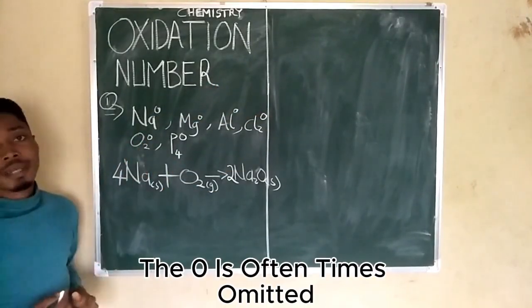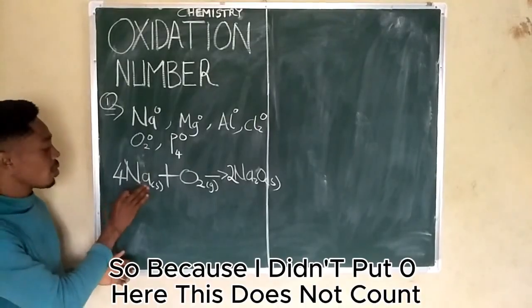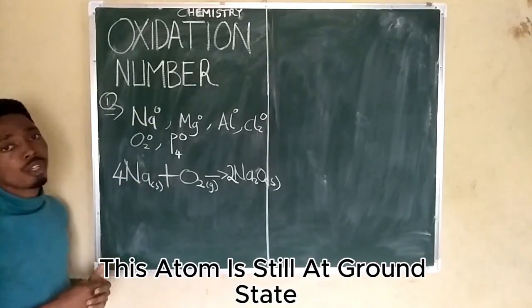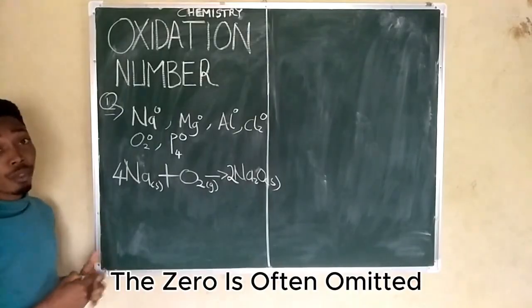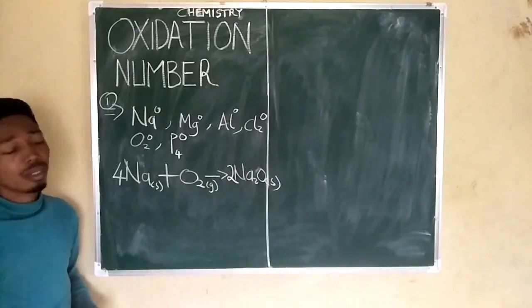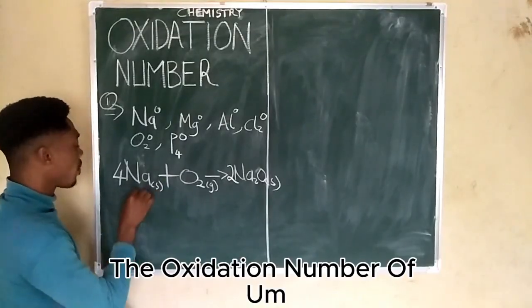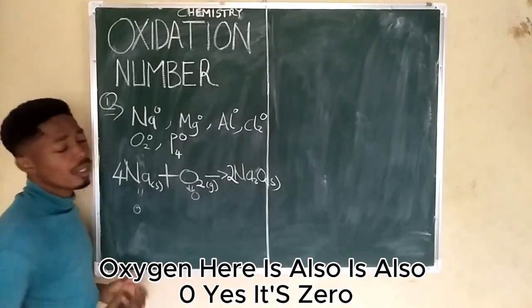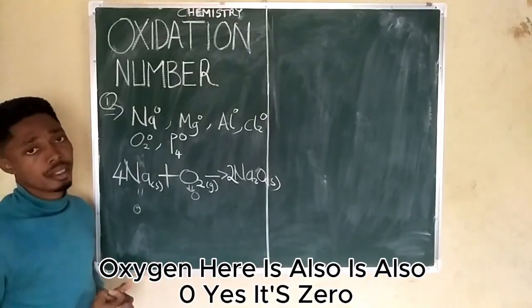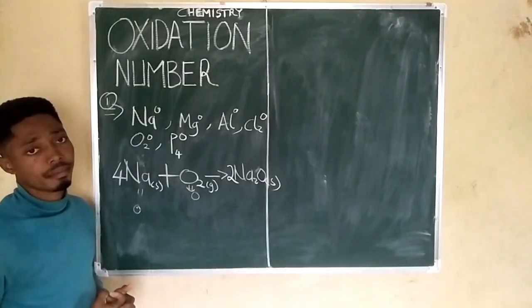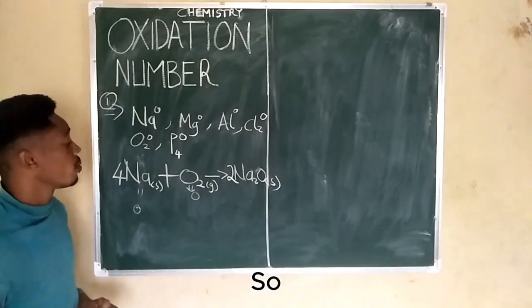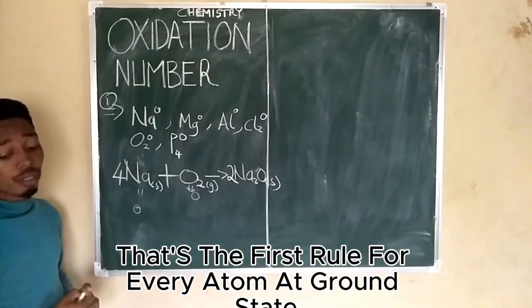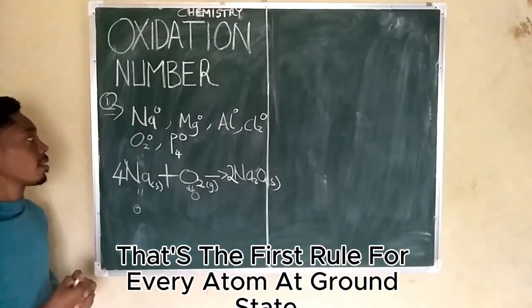Because I didn't put 0 here, this does not cancel the fact that this atom is still at ground state. The 0 is often omitted in practical chemical equations. The oxidation number of oxygen here is also 0. So that's the first rule for every atom at ground state.